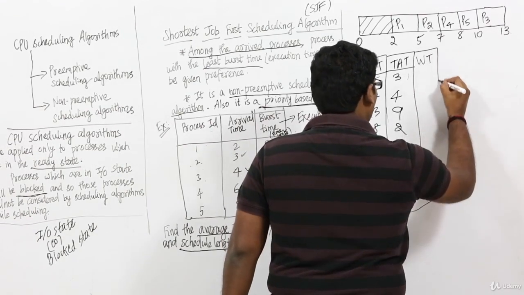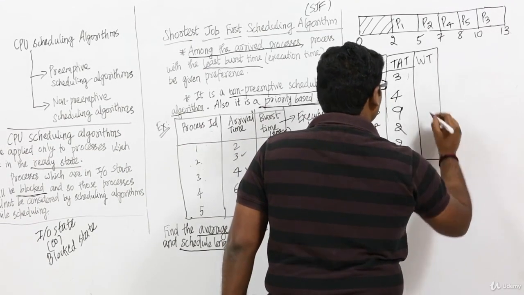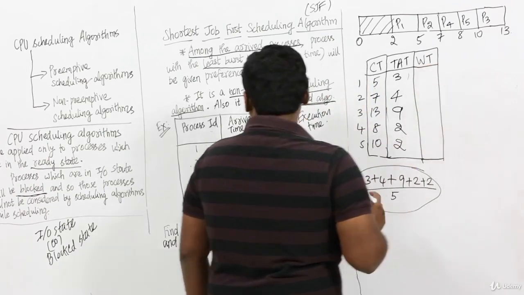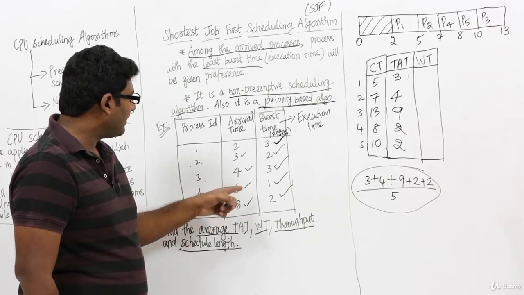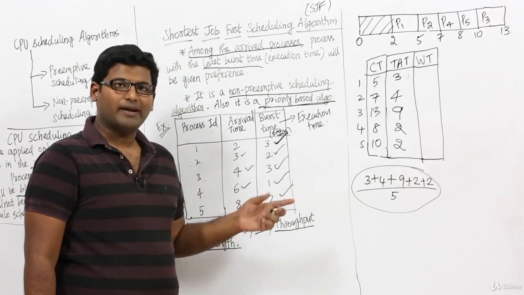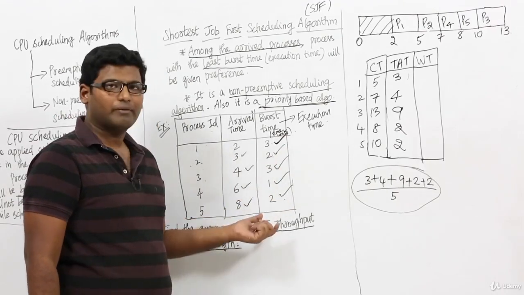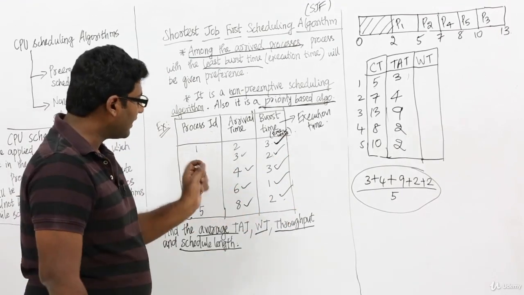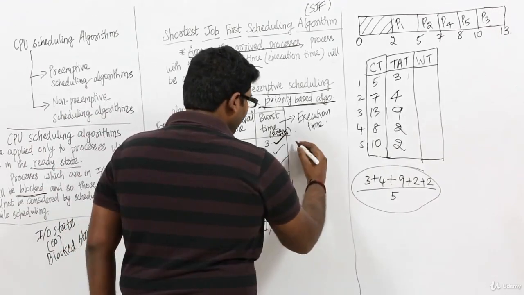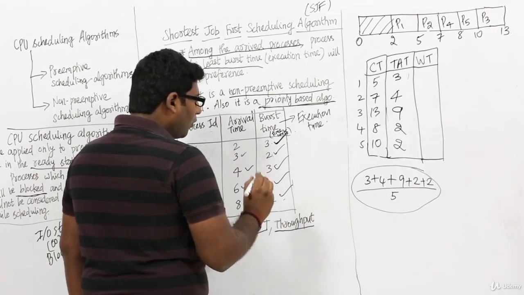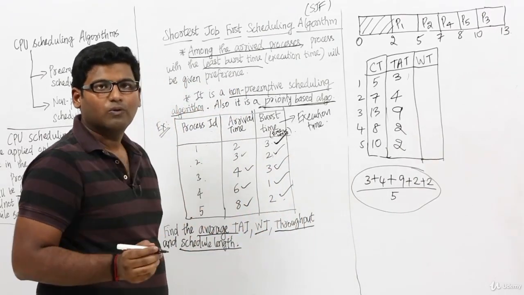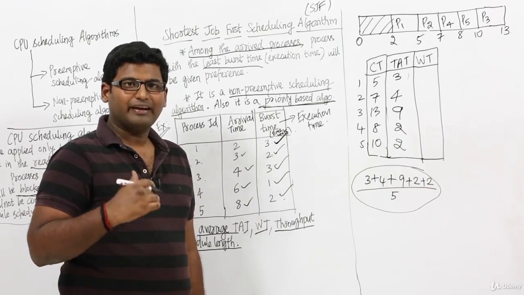See, one more important point I need to tell here. They didn't give any IO time for any process. Why? Because here they have assumed, it is a very important point, please make a note of it, that no process will undergo IO. No process is in need of IO.